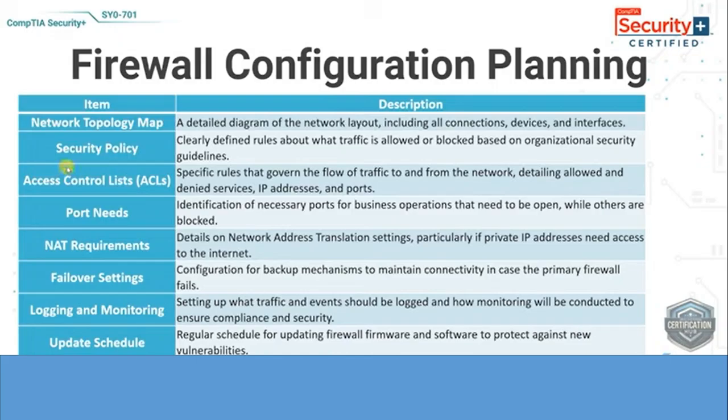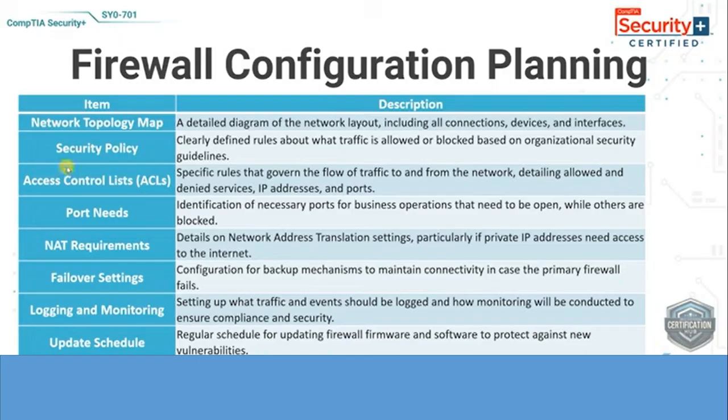Here we have the descriptions also. For firewall configuration planning, firstly we need the topology details and a map of the topology showing which devices are connected: the diagram of the network layout including all connections, devices, and interfaces.